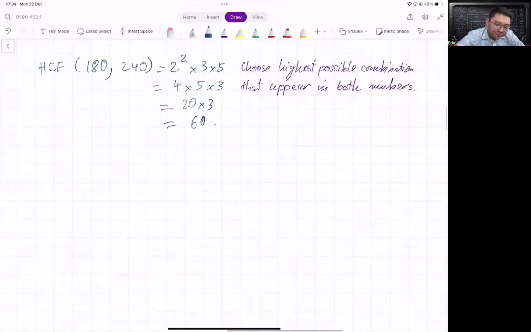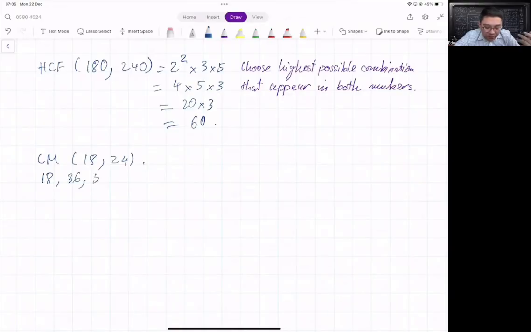Okay, now we have common multiples, let's say of 18 and 24. So what are multiples? Okay, multiples of 18. It is going to be 1 times 18, which is 18, 2 times 18, which is 36, 3 times 18, which is 54, 4 times 18, which is 72, so on and so forth.